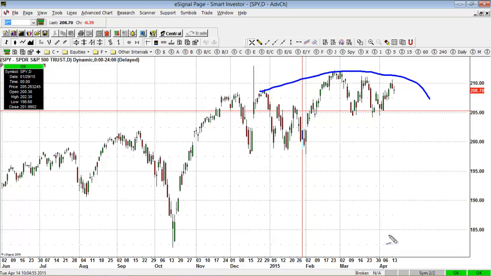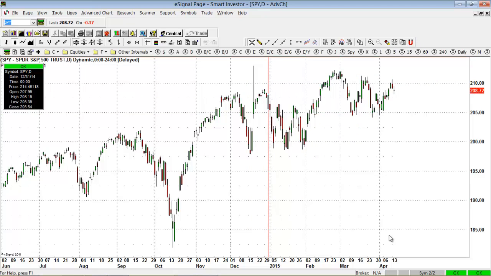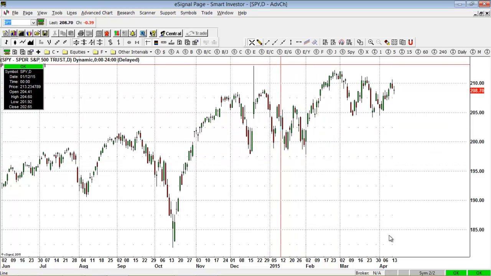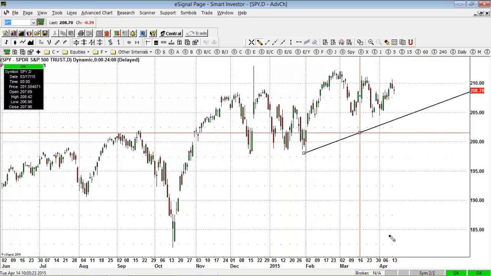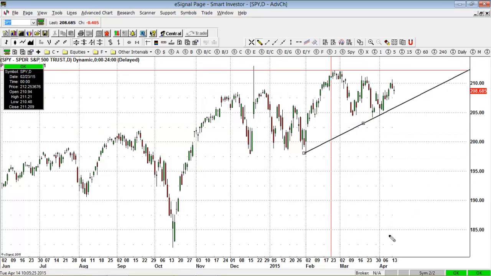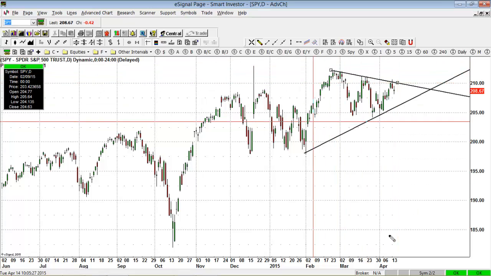For this market to get new life, we need to see this market break above this minor consolidation here and go to new highs. That's when I believe the bulls will come in and buy the market further. But until then, this market just still remains in a consolidation and is very lethargic.